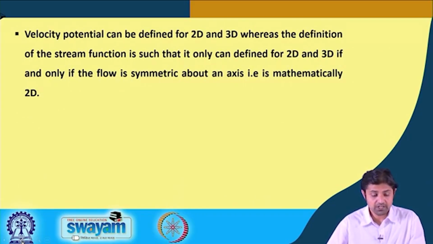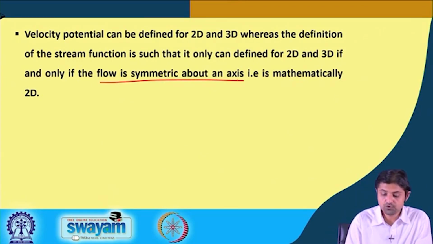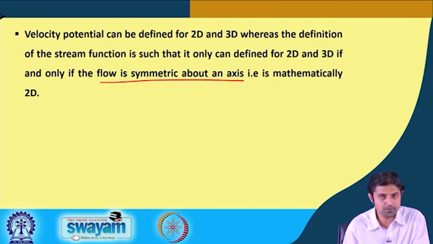Now we know that the velocity potential can be defined for 2D and 3D, 2D meaning two dimensions and 3D three dimensions, whereas the stream function can only be defined for 2D, and for 3D if and only if the flow is symmetric about an axis. So velocity potential is valid for both two and three dimensions. However, stream function is valid only in two dimensions. A special case in which we can still write it in 3D is when the flow is symmetric.